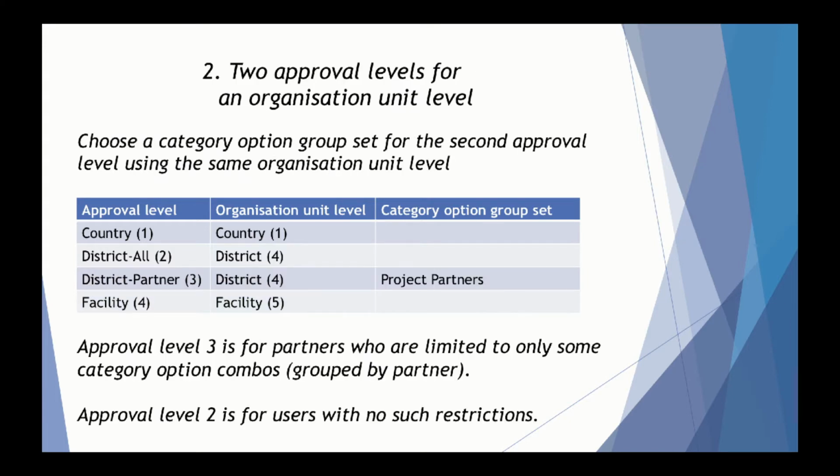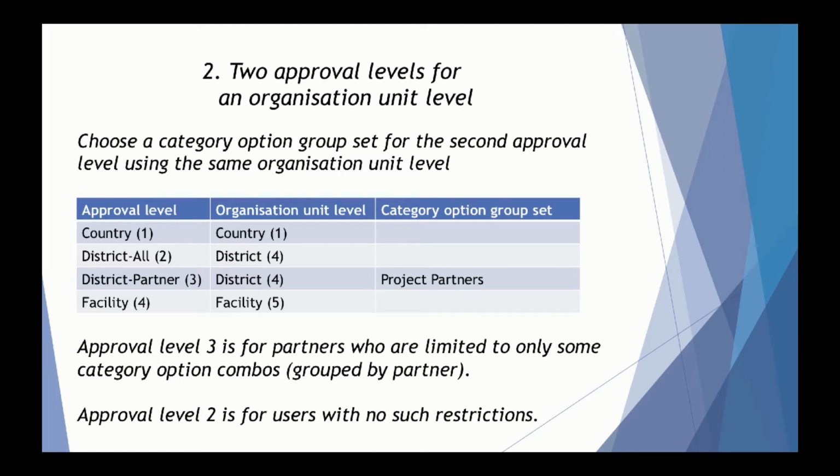Case 2. If you want to define 2 different approval levels at the same organization unit level, you can do that like this. You can say the data is approved at each facility for each various project partner.